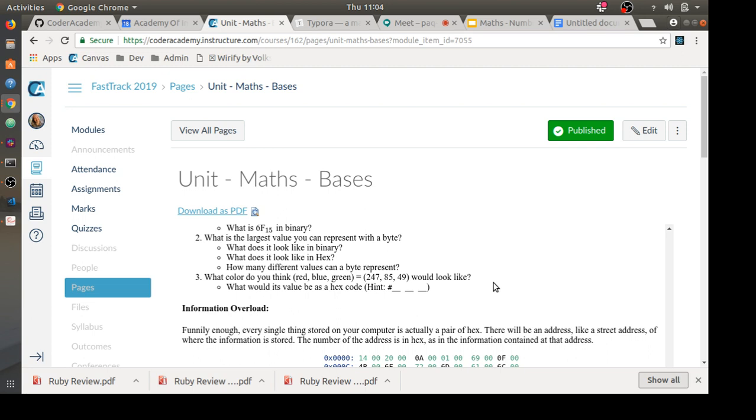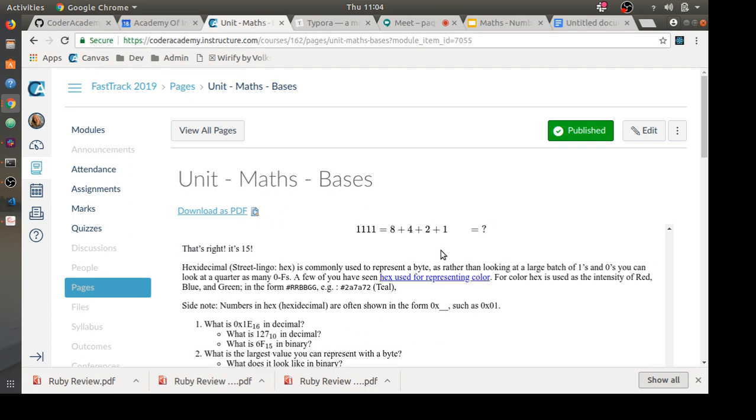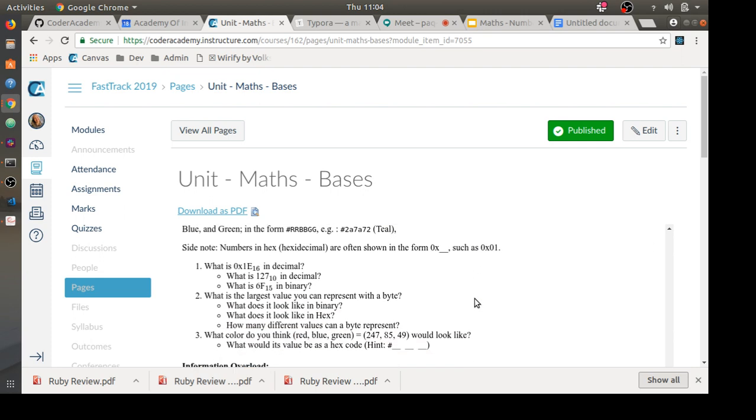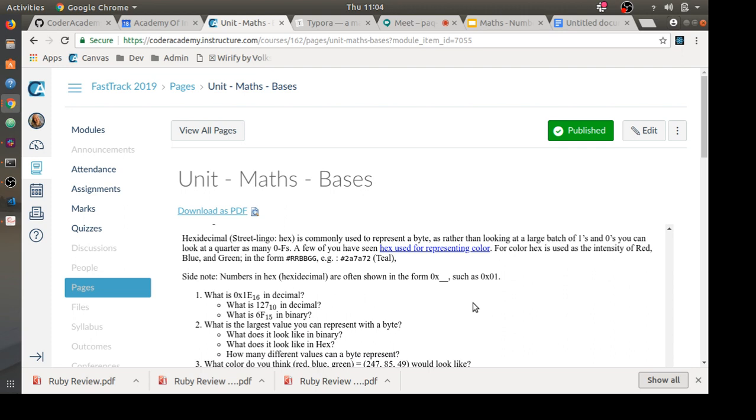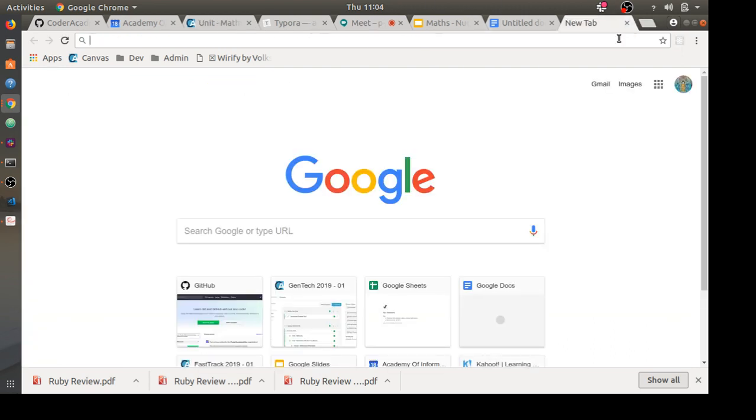Also, why is it red, blue, green? It should be red, green, blue. Surely. RGB. Yeah, red, green, blue is the correct order. Well, let's confirm that.